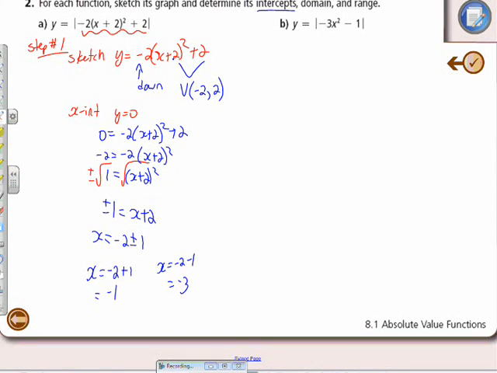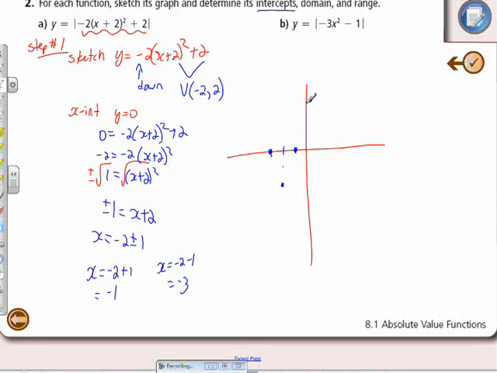Let's see what we come up with. Doing a quick sketch of that now. Your vertex was -2 and 2. 1, 2, -2 and 2. Your intercepts are at -1 and -3.